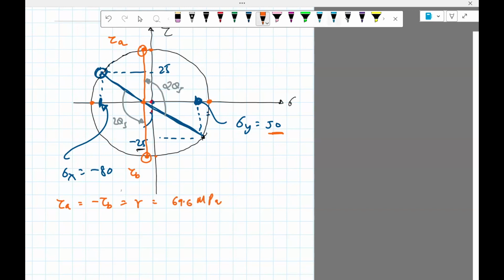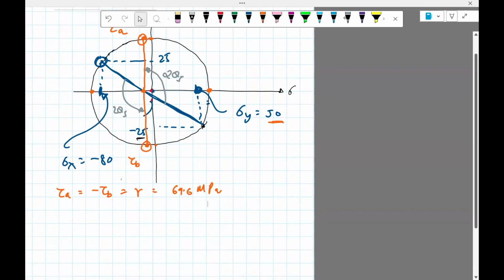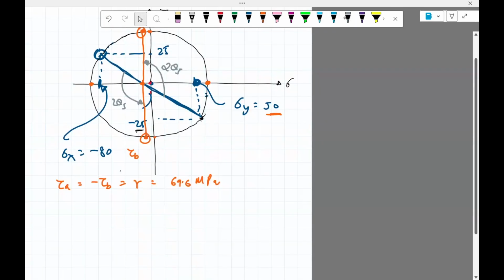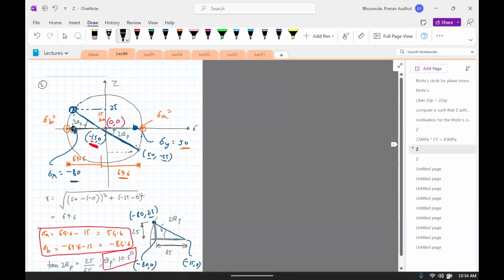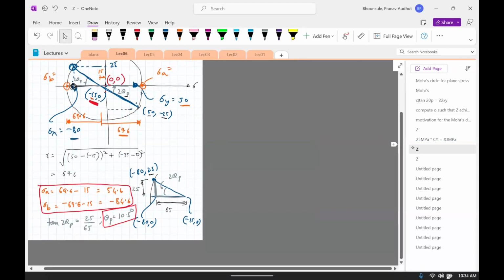And then the other thing is we need to compute this angle. To compute the angle, we could use trigonometry, but we could actually use the fact that we know what theta p is. Theta p is this angle, and we know that theta p is 10.5 degrees.